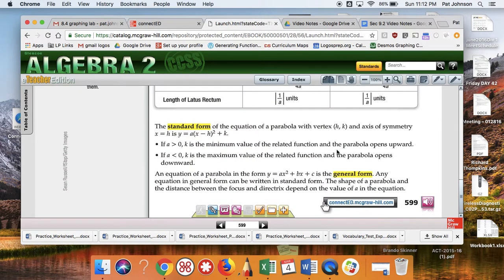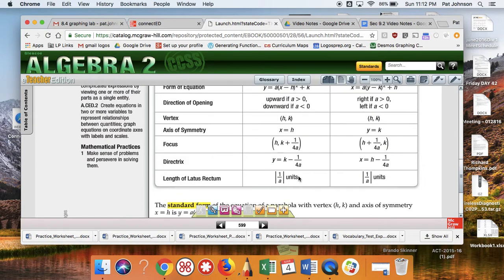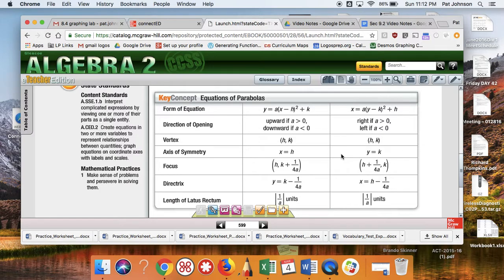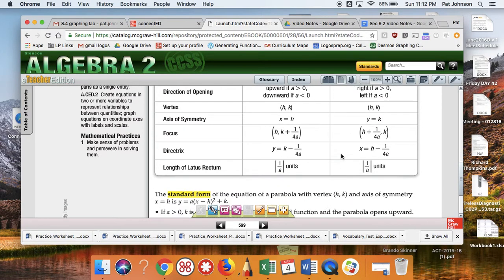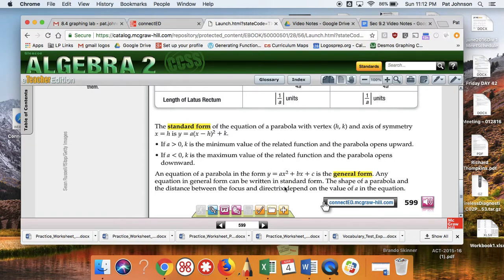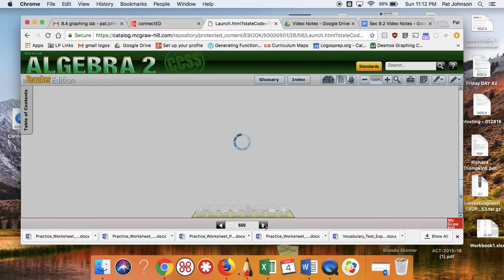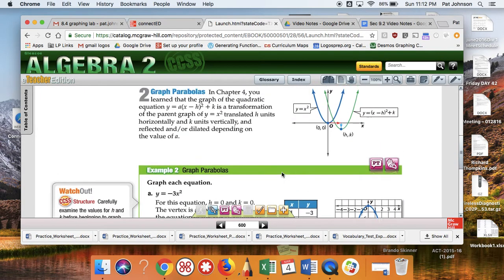So when they're talking about standard form in this section, they're referring to what we learned as the vertex form. Again, a tells us whether it opens up, down, right, or left. When they talk about general form, they're really talking about what we called standard form before, y equals ax squared plus bx plus c, or x equals ay squared plus by plus c. Again, we can go from standard form to general form and general form to standard form.